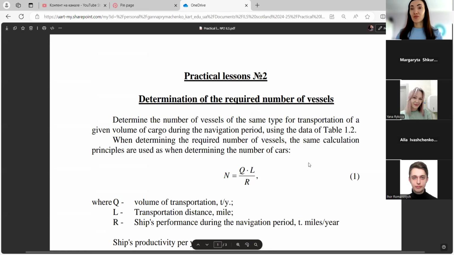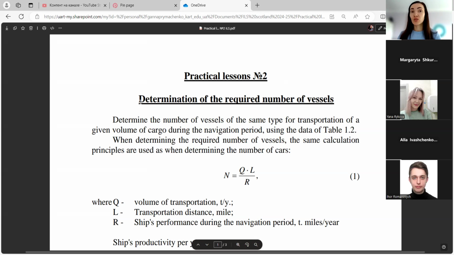Because when you send me a photo, I can't understand sometimes who did it. So write your name, your variant, we do it today also. And write, please, it is practical lessons number 2.